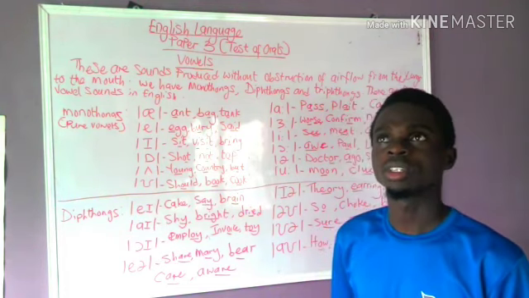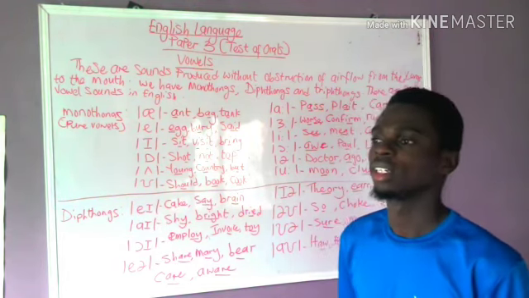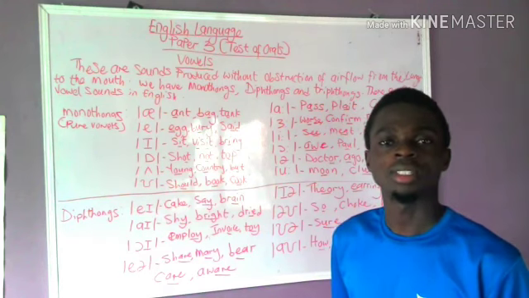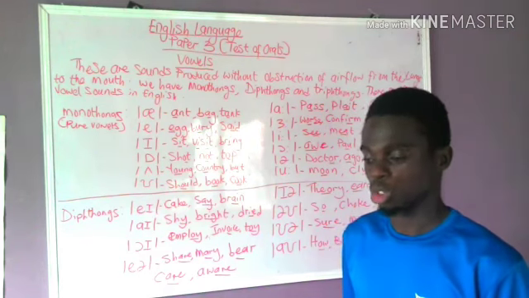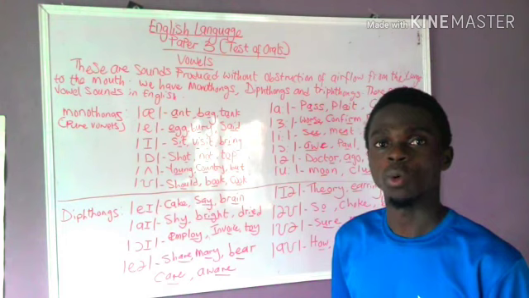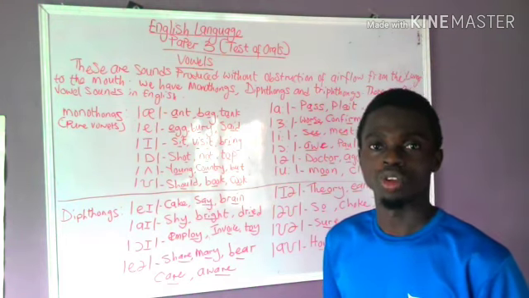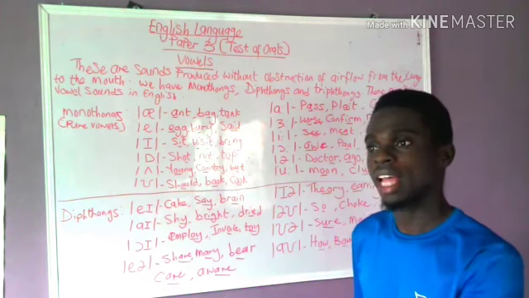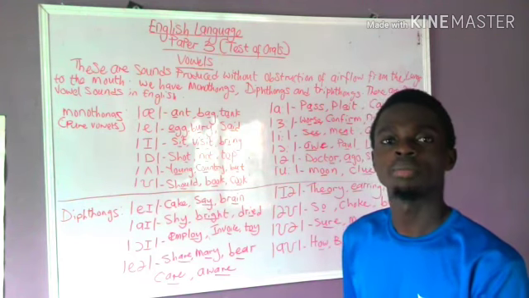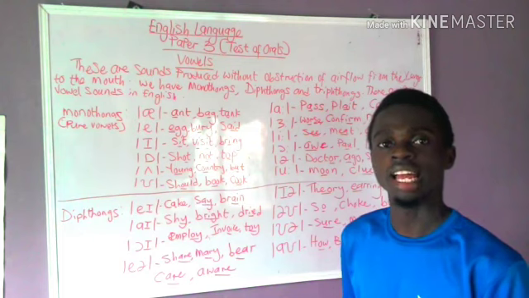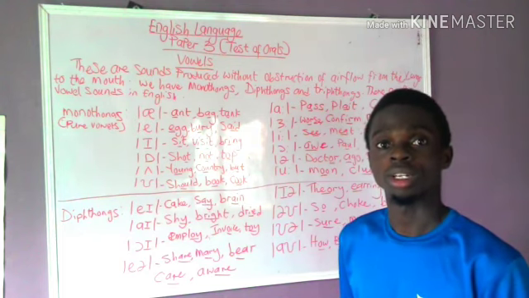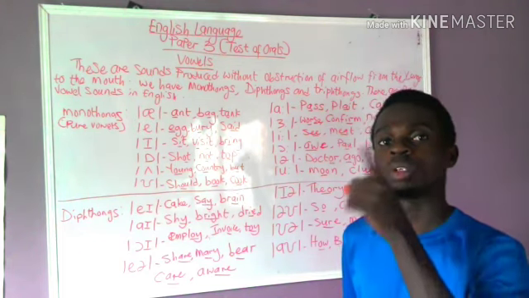Vowel sounds, of course, they are sounds. So vowel sounds are sounds that you produce without obstructing the airflow, coming all the way from your lungs up through to your mouth. So when you want to say a sound, the first place to begin with is by pushing air all the way from your lungs up through to your mouth.